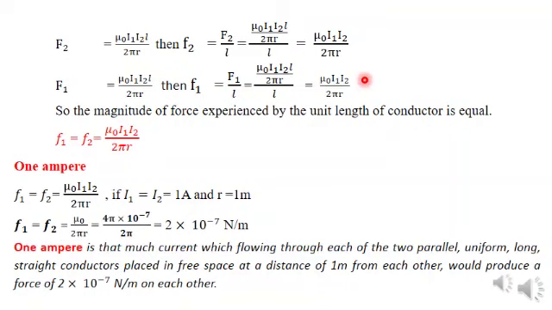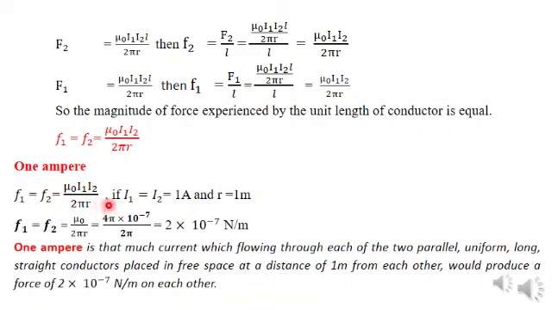So from above two expressions, it is clear that the magnitude of force experienced by the unit length of conductor is equal, which is mu 0 I1 I2 divided by 2 pi r. Now based on this formula, we can define 1 ampere. F1 equals F2 equals mu 0 I1 I2 divided by 2 pi r.